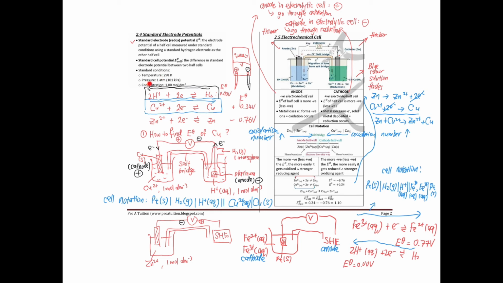The pressure is 1 atm, so you do it on the Earth's surface, for example. The concentration is 1 mole per dm cube. So 1 M means 1 mole per dm cube. You must follow the standard conditions.